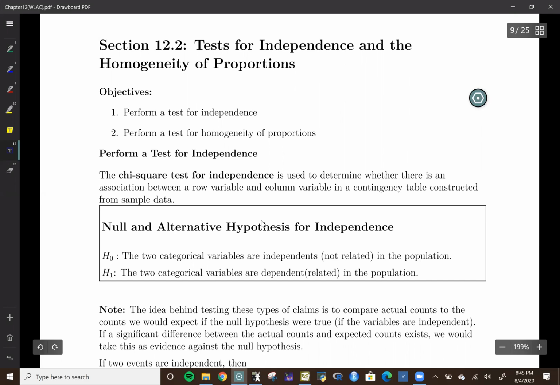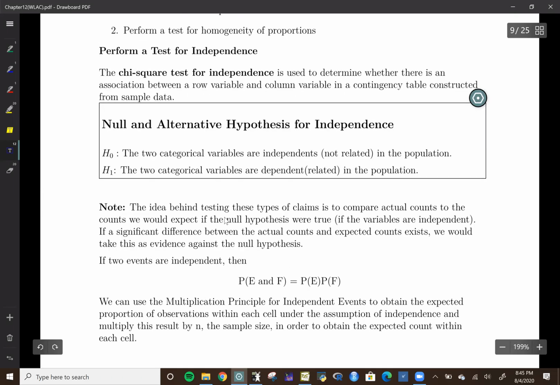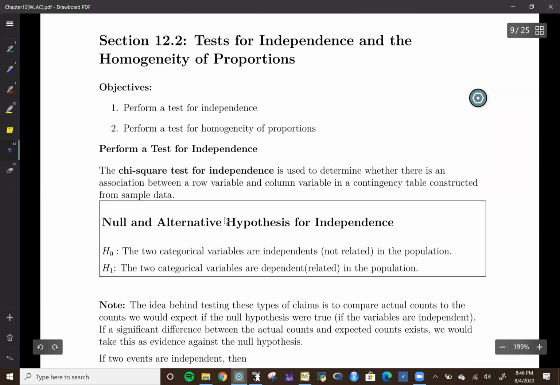In regard to you finding the hypothesis test and testing it, I don't want you to do that. All I want you to do is know how to get the expected value for the test. Everybody clear on what I expect for 12.2?